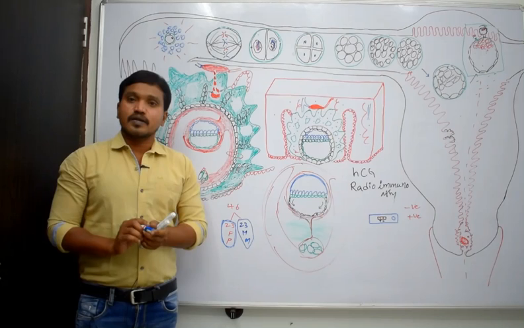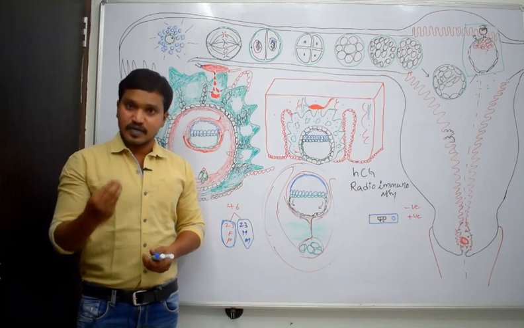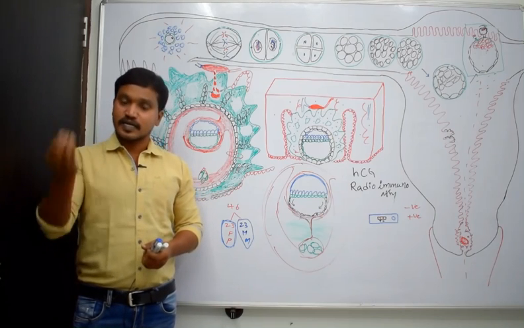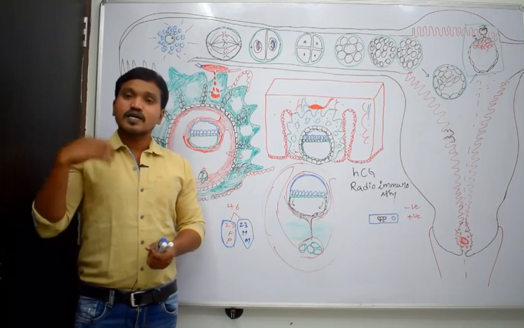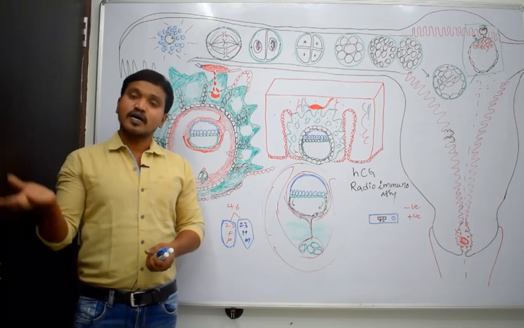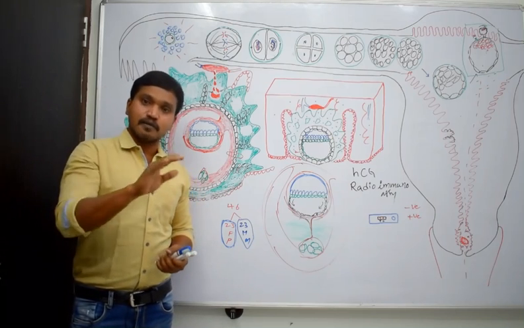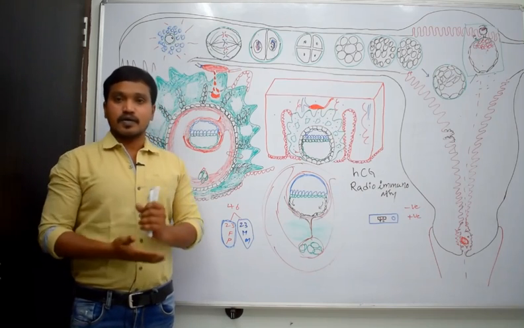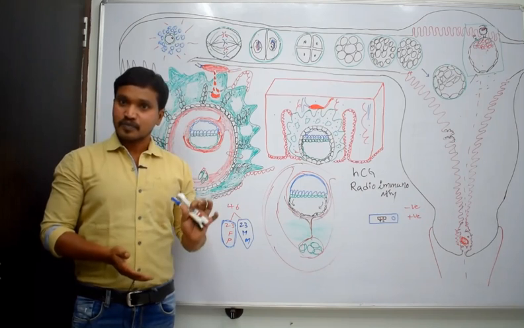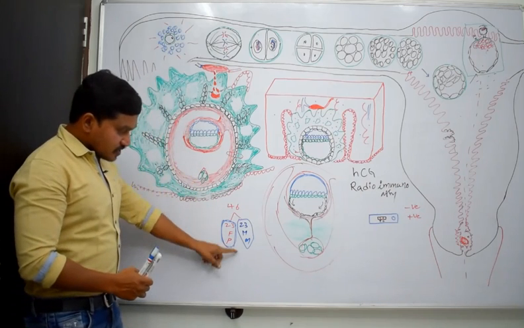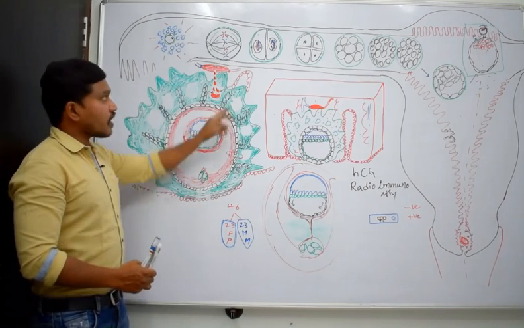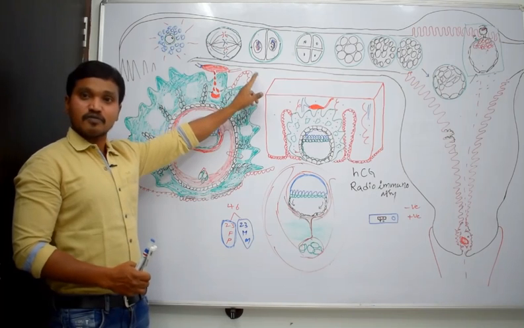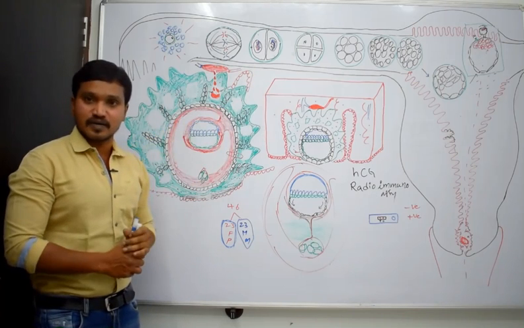Usually what will happen, if any foreign material or foreign organisms enter into the body, an immunological reaction will be activated and antibodies will be produced against them, and that particular organism will be killed by the antibodies, right? See here, these 23 chromosomes are foreign material to the mother, is it?